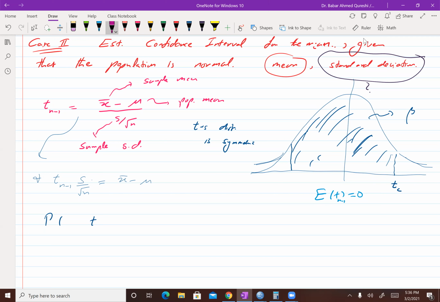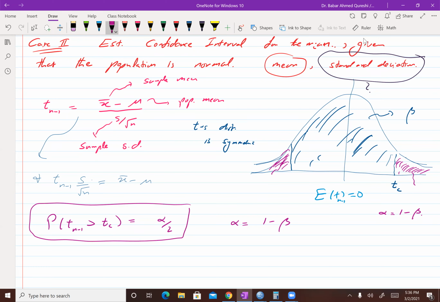Then to find this T critical, you have that the probability of t n minus 1 being greater than this T critical is alpha by 2, where alpha is 1 minus beta. So this purple total area is alpha, which is 1 minus beta. And if you want to get this number, you can get it by this thing.